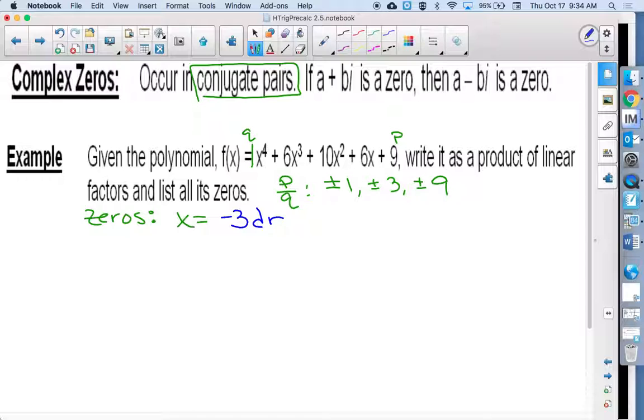Just -3? That's all it's on the calculator. That's all that's on the calculator, so it means the other two are imaginary. So it's important, again, recognizing that it's a double root. And this time, all of those powers are there. So use your -3 and divide.